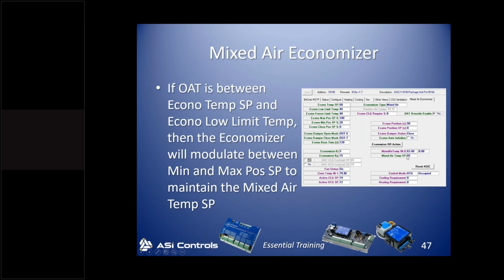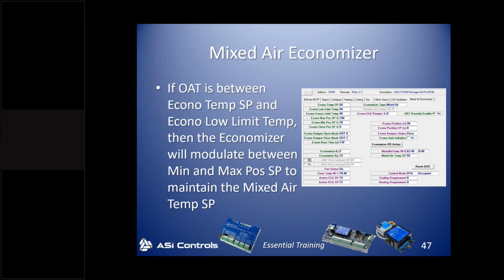So if the mixed air temperature is higher than the mixed air set point, the cooling requirement should increase. If the mixed air temperature is lower than the mixed air temperature set point, then the econo cooling required percentage should decrease, but it can go no higher than the max position and no lower than the min position.